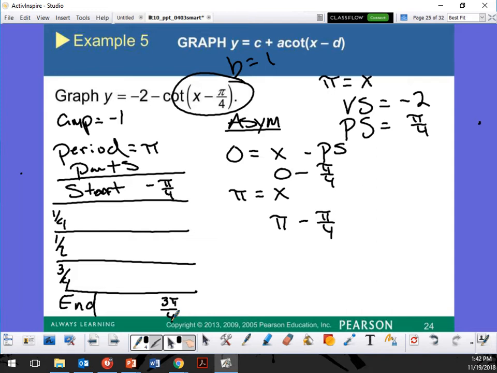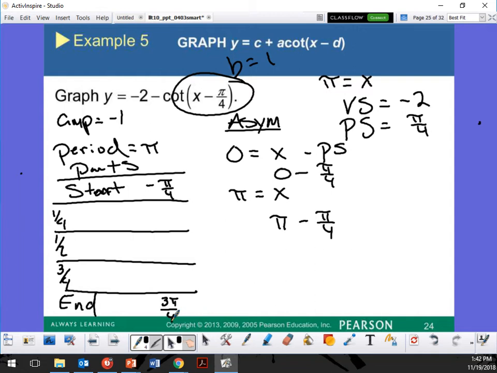So is it always going to be those first three: pi over 4, 1 half, and 3/4? We're talking about the first set, the first points for the parts. Those are always the same. In my regular functions, sine and cosine, this one would be the 0 and that would be 1, right?